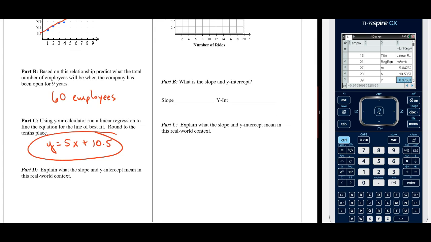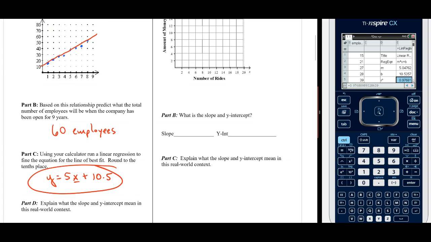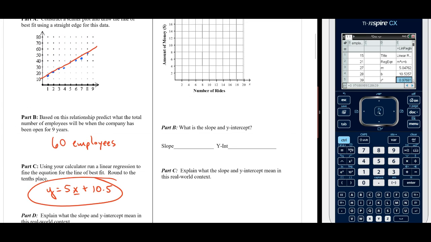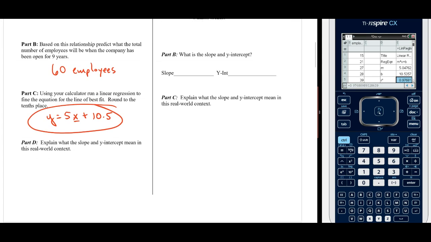Well, slope is the thing that's attached to x, and x is the years. And the 10.5 is the constant, and that goes with the y-intercept, which is where it crosses the y-axis, and our y-axis is employees.